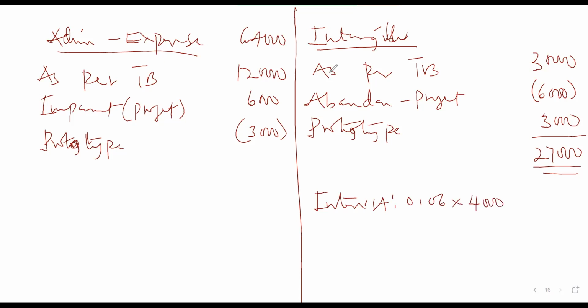That will give us how much? 240. The second loan, what will be the interest? That will be 0.045 times 6,000. Are we correct? Yes. 270. Okay, what is the total interest?